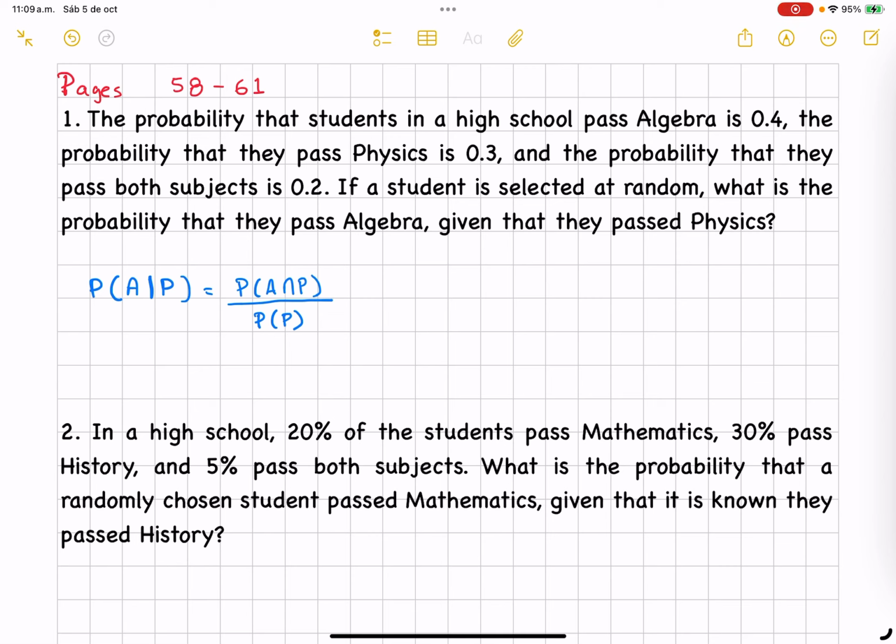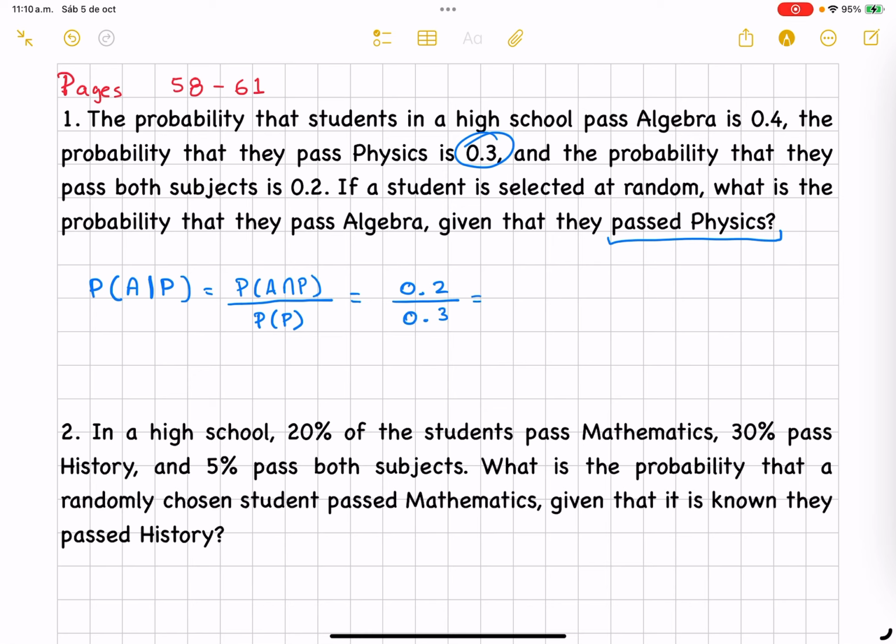So in this case, what is the probability for a student to pass both subjects? It is 0.2, divided by the probability of the situation that has already occurred, that they pass physics, which is 0.3.